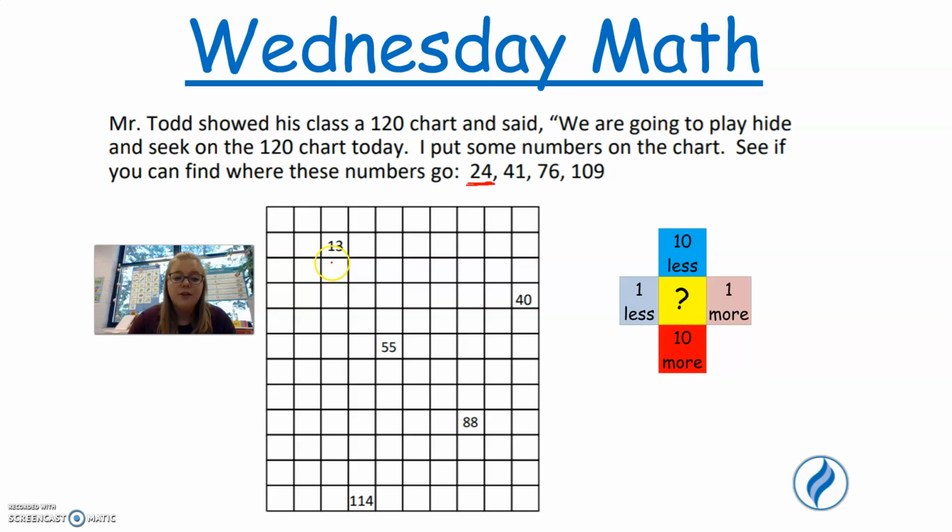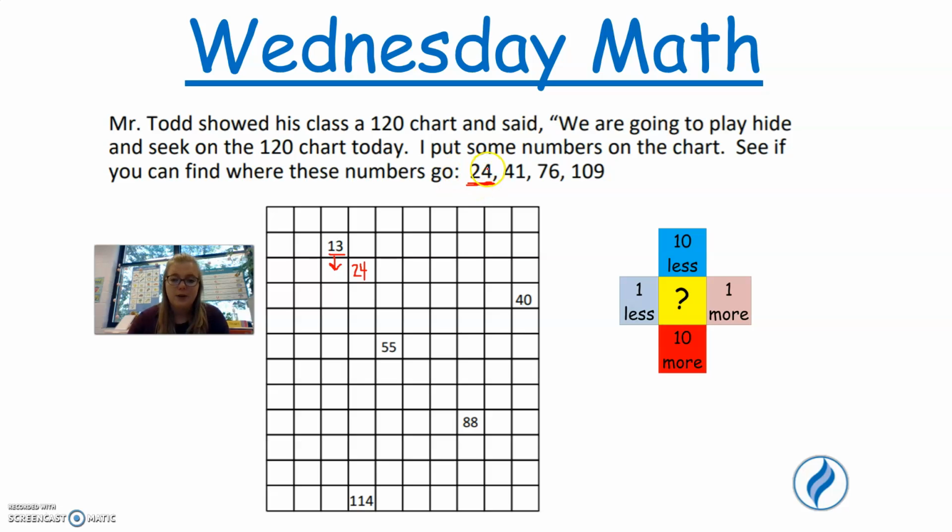So if I know that this square is 23, then I know that right next to it would be 24. Okay? So I used 13, and I knew that 10 more was 23. So I knew then that 1 more than 23 is 24. That's how I found that one.